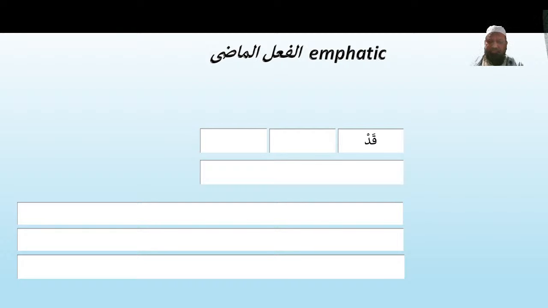قد نجح. Again, a new verb. نجح, to pass, one of the meanings. If it's used with student, we'll translate it as past. Okay. So let's say الطالب. So here it is a confirmation that the student has passed. Again, it is confirmation because it's emphatic.